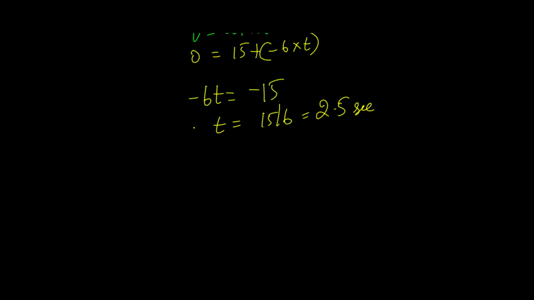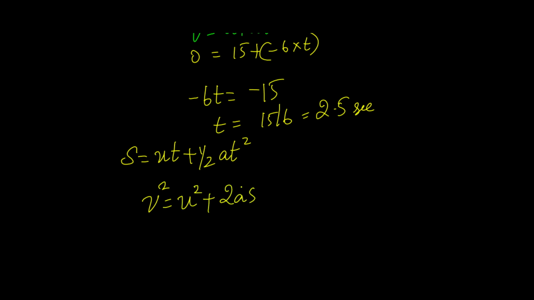The distance covered during this time is S equal to UT plus half AT squared. We have the deceleration value, the time taken, so we can find S. We can also use V square equal to U square plus 2AS.